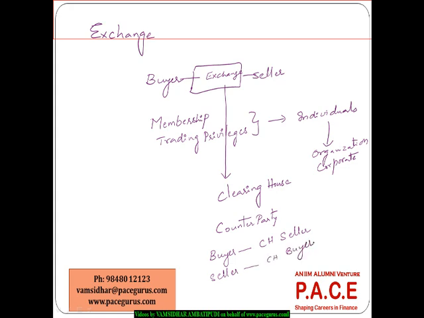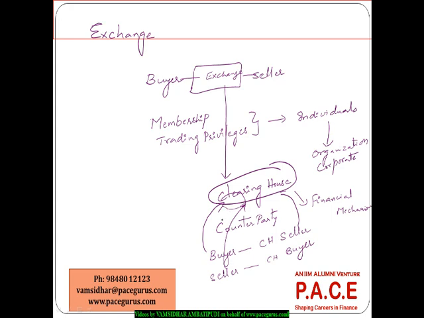Now, the major role of this clearing house as a part of this exchange is to handle the financial mechanism and make sure that it is receiving the money from the buyers and receiving the commodity from the seller, and the amount is transferred to the seller's account, the commodity is transferred from the seller to the buyer.